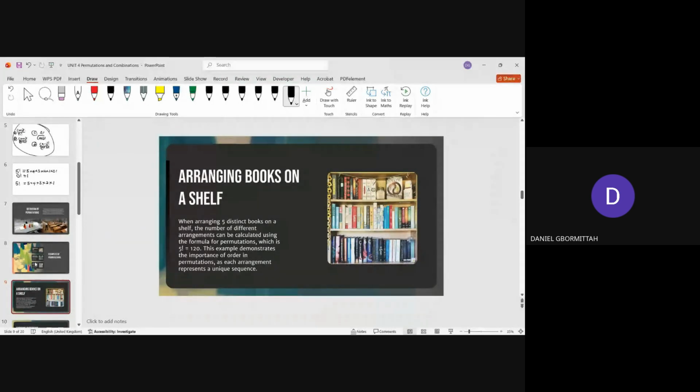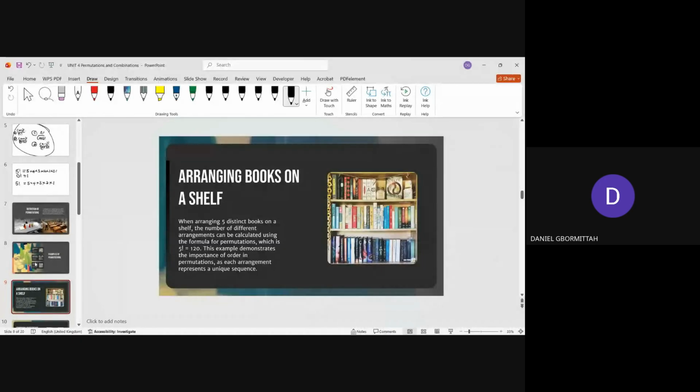So, for instance, if we have 5 factorial, like what I mentioned, the 5 factorial will tell you that if you have 5 books and you are arranging them in a shelf, you can arrange them in 5 different ways. Or if you have 5 people and they are to sit on a chair, the first person can sit at any of the 5 positions.